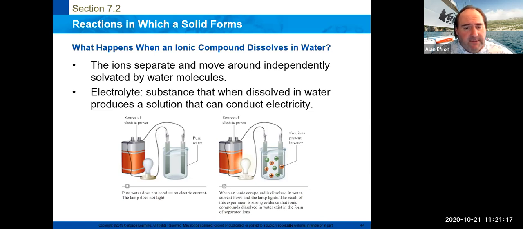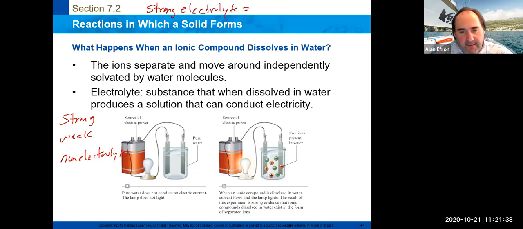And as we will see in just a second, there are 3 classifications of electrolytes: strong electrolytes, weak electrolytes, and non-electrolytes. A strong electrolyte pretty much 100% breaks apart into ions.